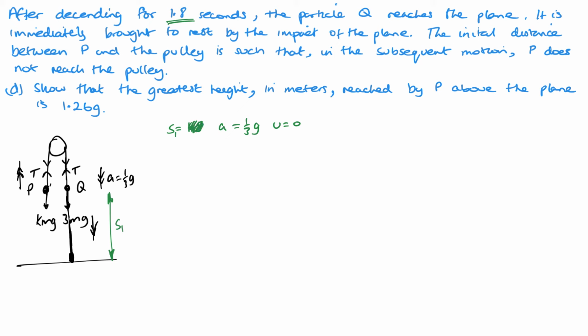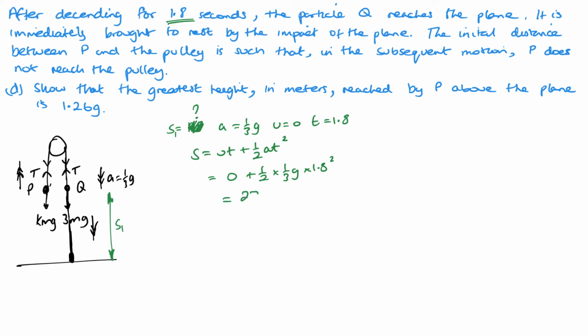Sorry, I don't know why I wrote 1.8 in there. That's what we're trying to find. T is 1.8, isn't it? So we're looking at S equals UT plus 1/2 AT squared. So it's going to be 0 plus 1/2 times 1/3 G times 1.8 squared.